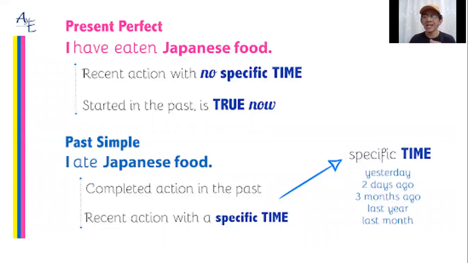So we use phrases like yesterday, 2 days ago, 3 months ago, last year, etc. So the past simple indicates something that occurred in the past, finished in the past, and we mention when this occurred. We know how to create a past simple, right? We need a verb, regular verbs or irregular verbs, and the negative, the question, piece of cake, right?